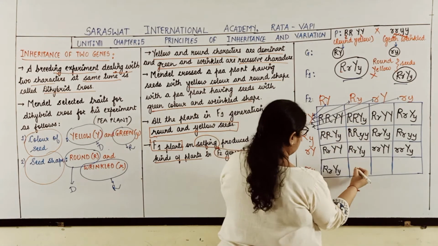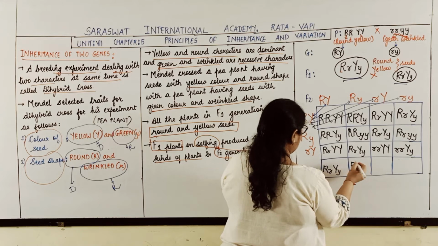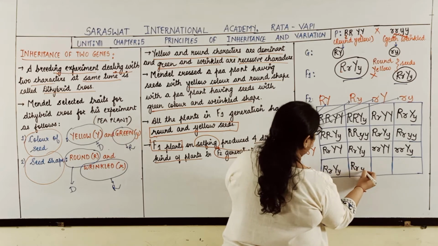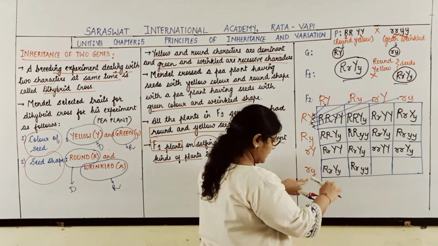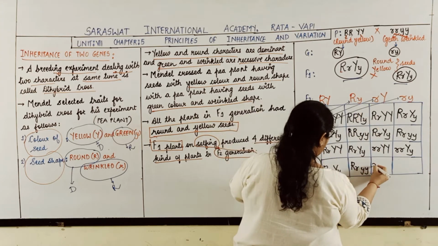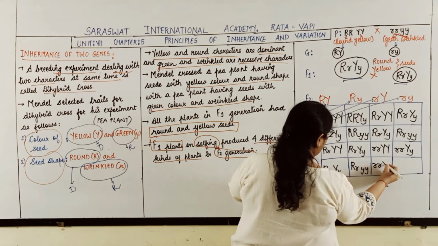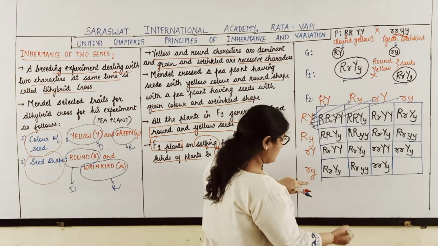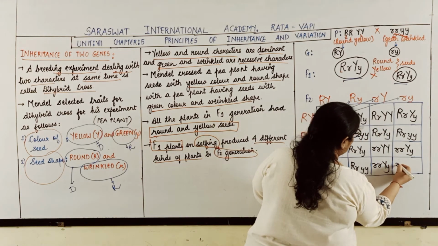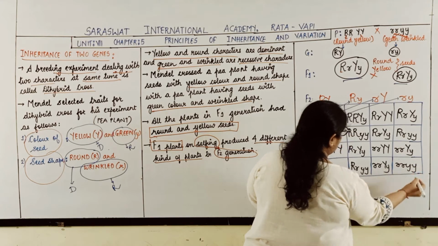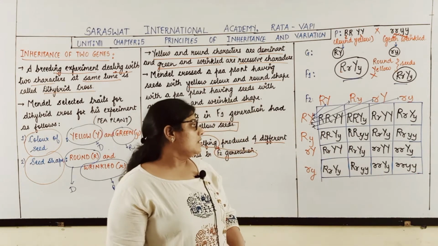Finally, the last ones: this with this, capital R, small r, capital Y, small y. This with this, capital R, small r, small y, small y. This with this, small r, small r, capital Y, small y. And finally, this with this, small r, small r, small y, small y.